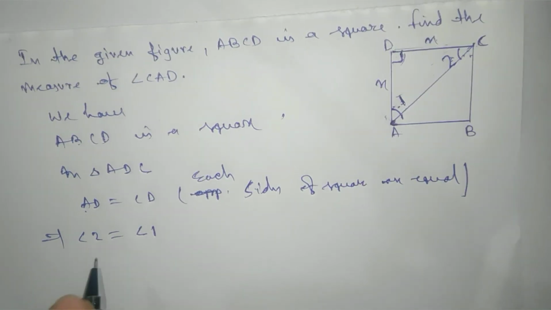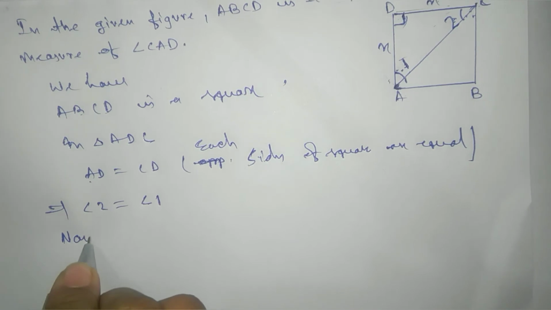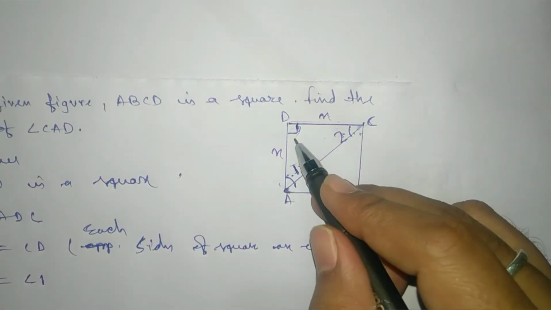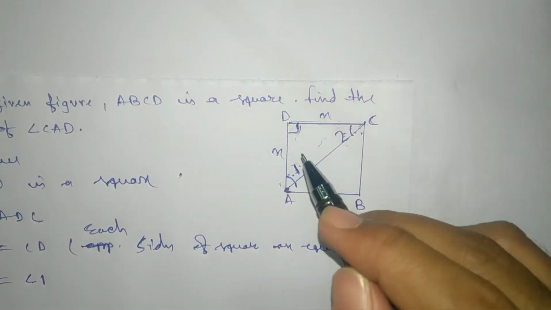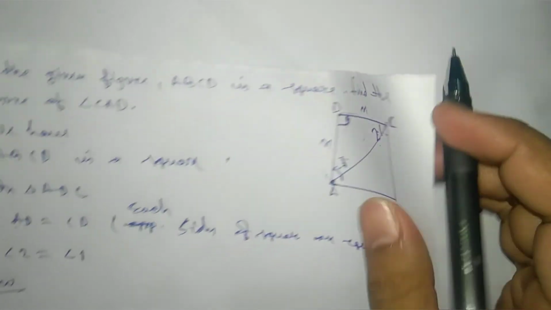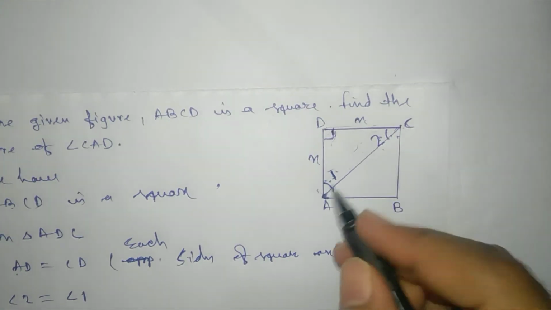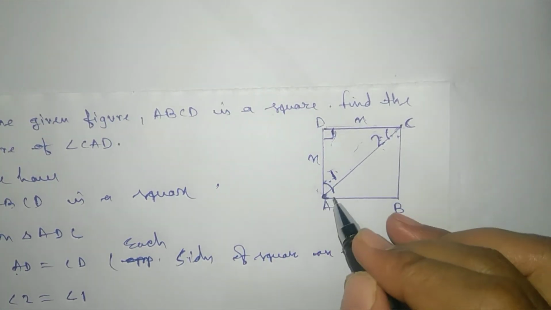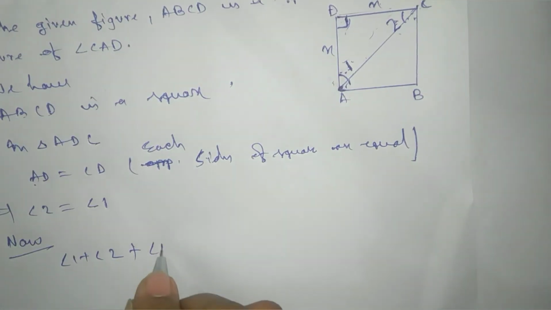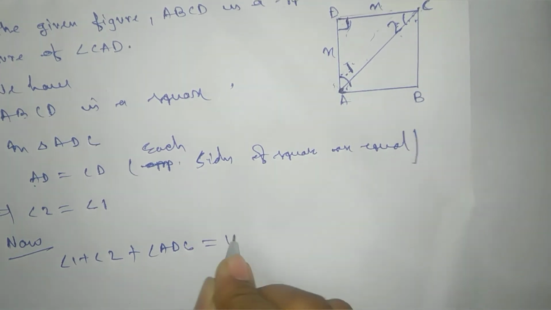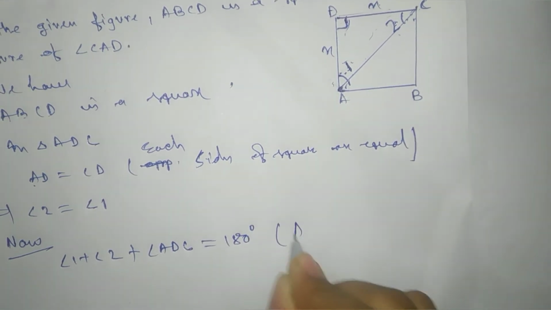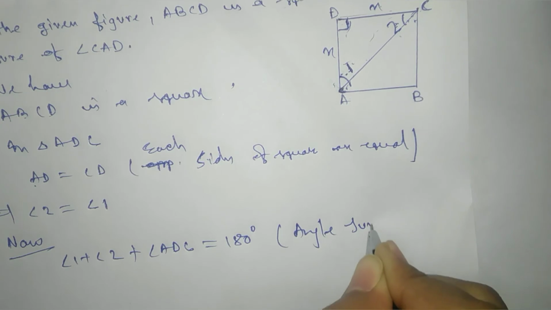Now we know that the sum of the interior angles of a triangle is 180 degrees. So angle 1 plus angle 2 plus angle ADC equals 180 degrees, and we write here angle sum property of triangle.